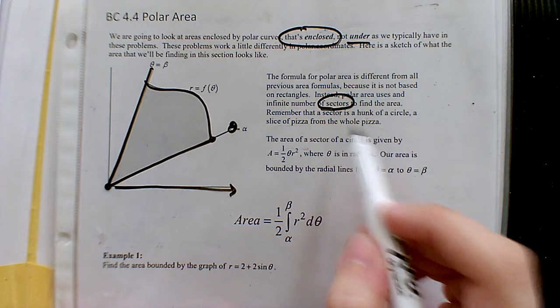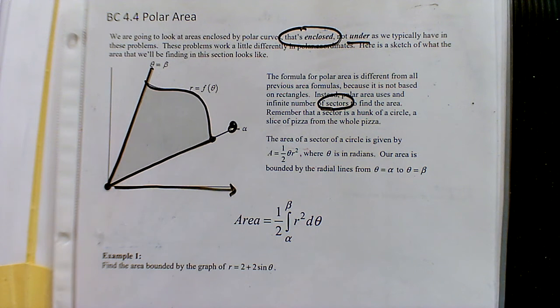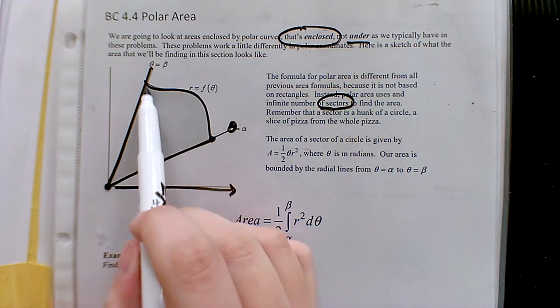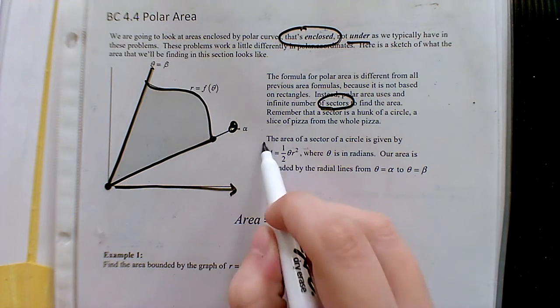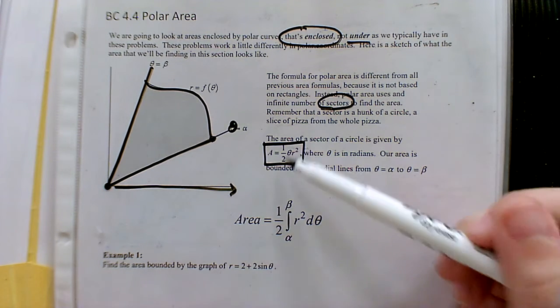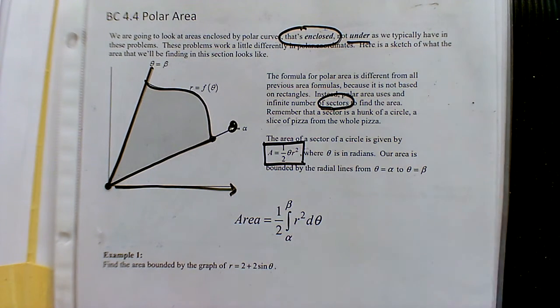A sector you can think about as kind of like a piece of pizza. If you were trying to find the area of a slice of pizza, that is what's called a sector. And that's kind of what's happening here, because this kind of looks like a sector. So the area formula for a sector is 1/2 theta times that radius squared.